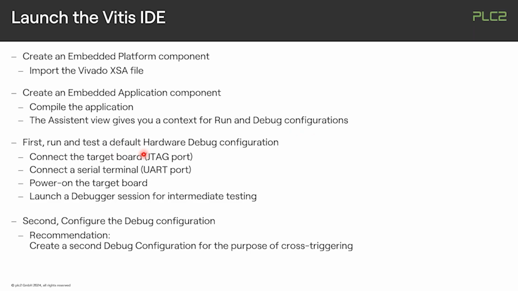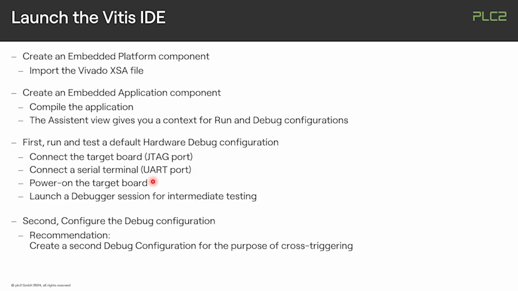So first, we typically test this debug context, and reasonably you would like to have on the one side the core side access, so the debug access to the CPUs, and on the other side an extended I/O terminal supported, so a serial terminal, for example, for print outputs.